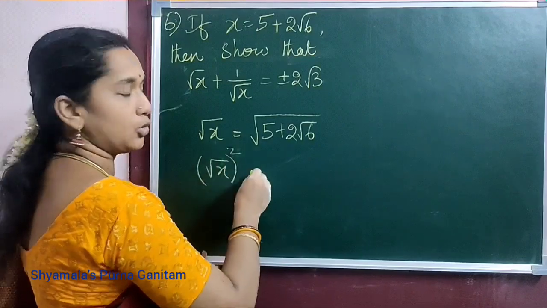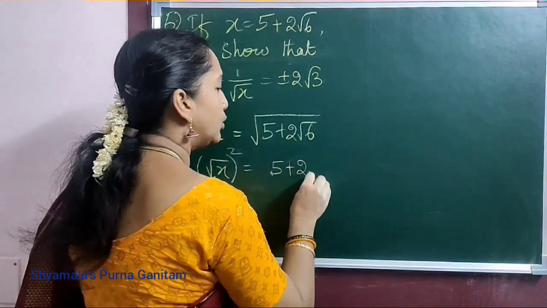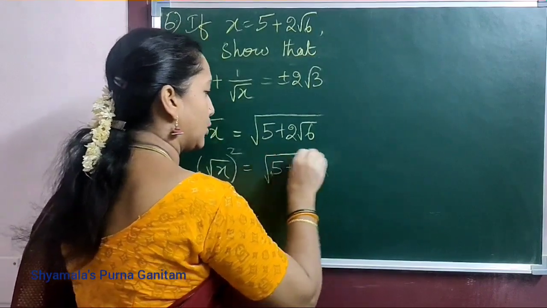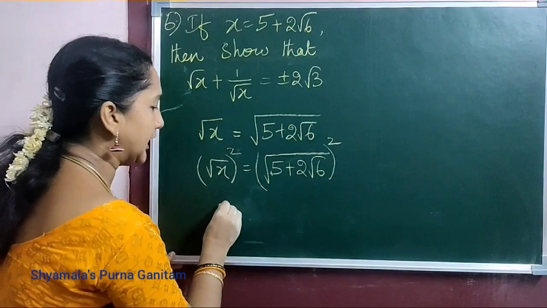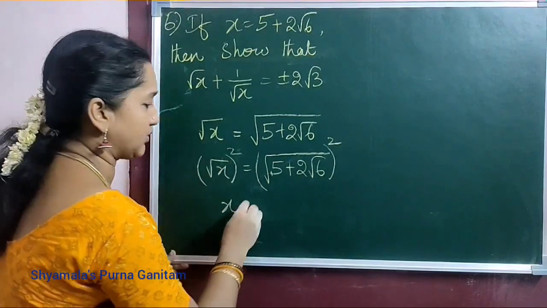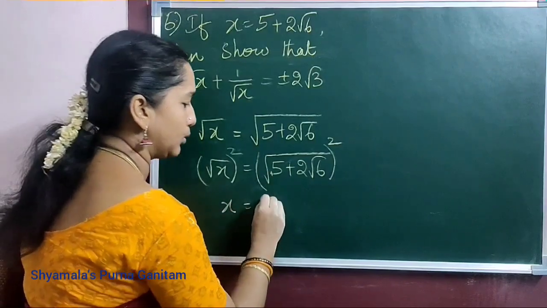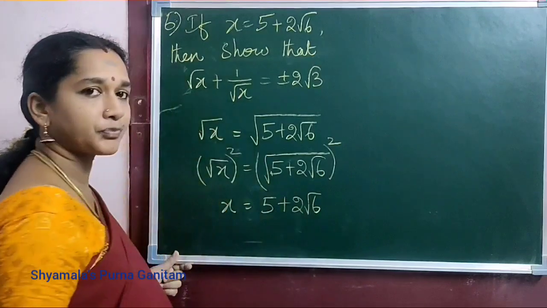So (root x) the whole square is equal to (root of 5 plus 2 root 6) the whole square. Root x the whole square means we will get the x value here. So x is equal to 5 plus 2 root 6. Okay.